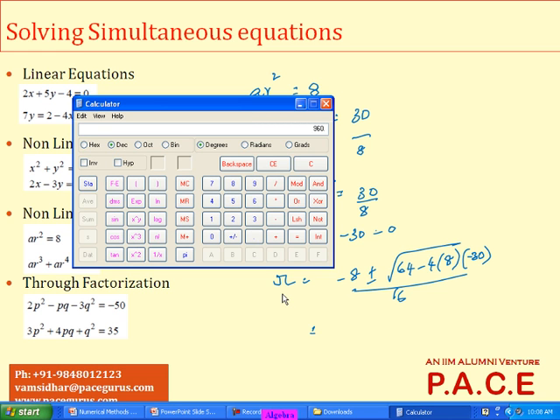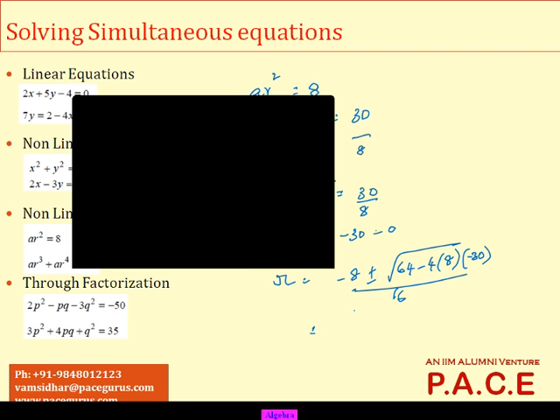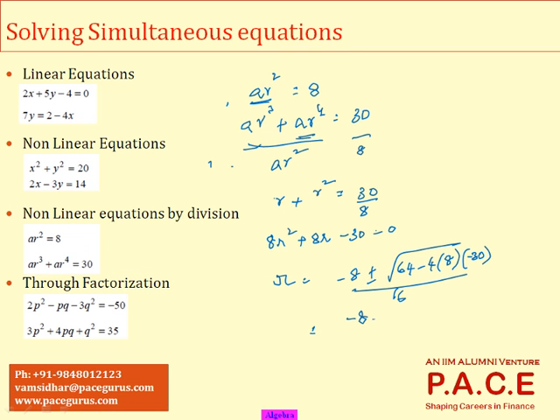So make it plus 64. So it becomes 1024, and we know that the square root of 1024 is 32. So this becomes minus 8 plus or minus 32 by 16. So it becomes 32 minus 8, 24 by 16, which is 3 by 2. Minus 32 minus 8, minus 40 by 16, minus 5 by 2. So r is either 3 by 2 or minus 5 by 2.